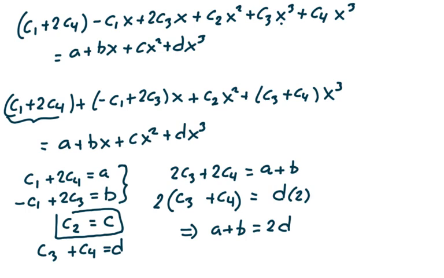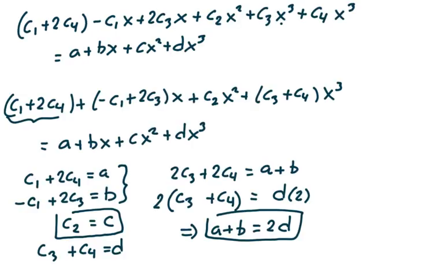Because not all polynomials will have this condition that a plus b equals 2d. So all I have to do is construct a polynomial where that doesn't work, right? Does that make sense? So, in other words, if I take 1 plus 2x plus 3x squared, now we have to be careful, right?